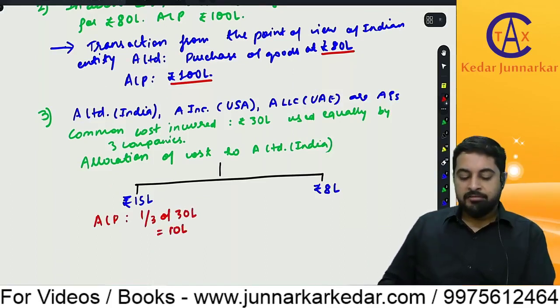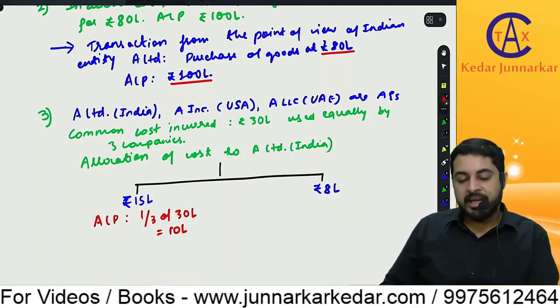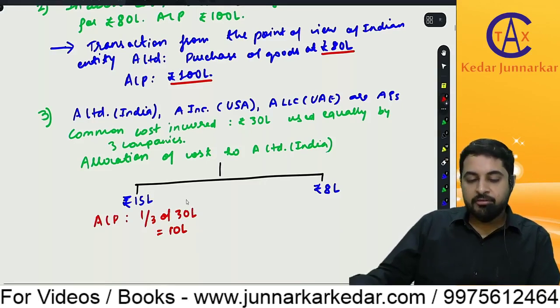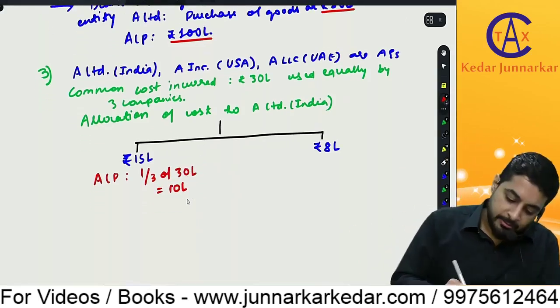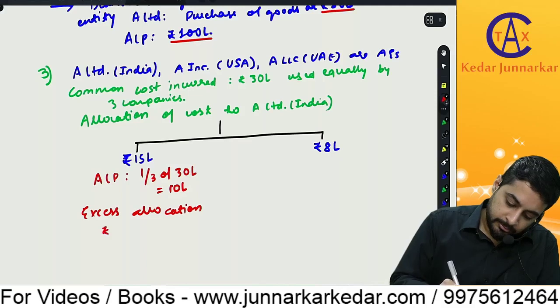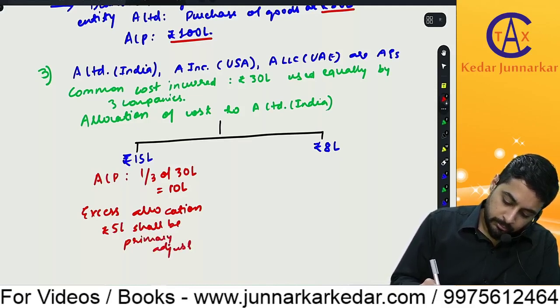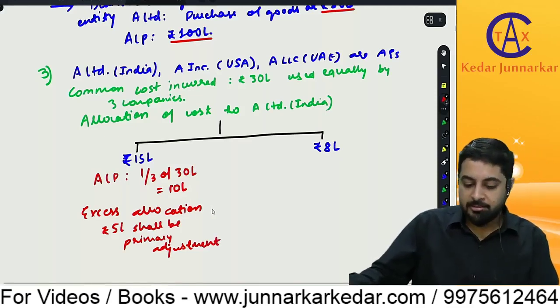Means if it was correctly allocated, then 10 lakhs. So ALP is 10 lakhs but allocated 15 lakhs. So excess cost allocation is 5 lakhs.